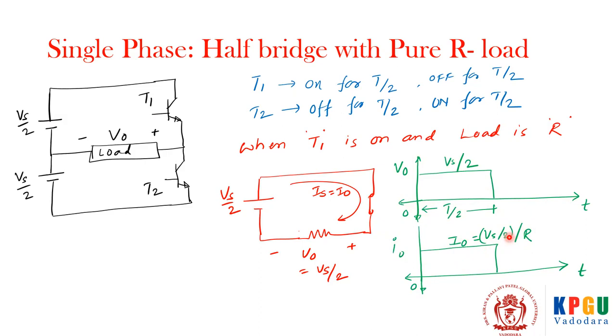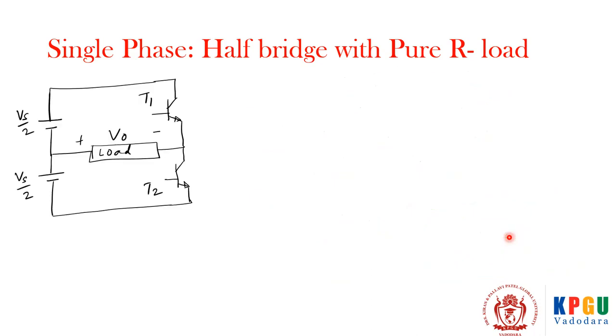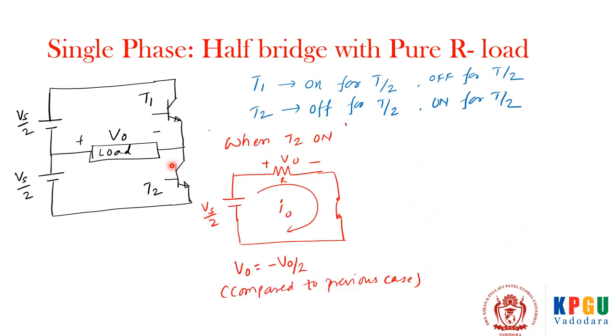Okay. Now in the lower half cycle, that is when the T2 switch is turned on, what's happening? When T2 is on, this circuit is completed in this fashion, and so you have plus minus V0 in this fashion. So the voltage across the load is the same Vs by 2, but with the opposite polarity.